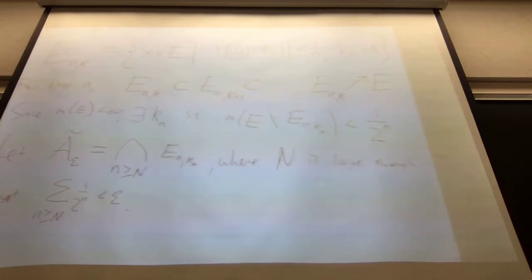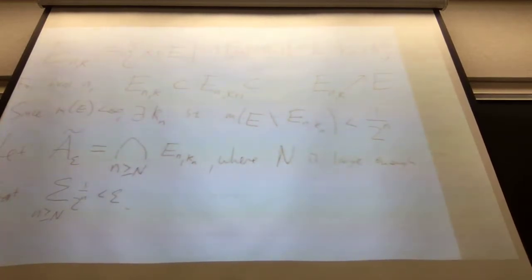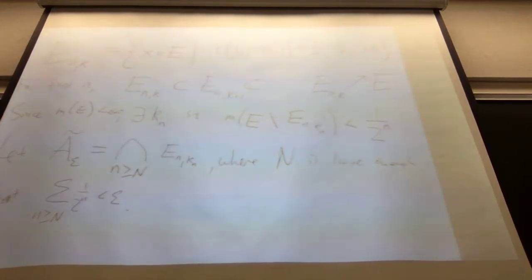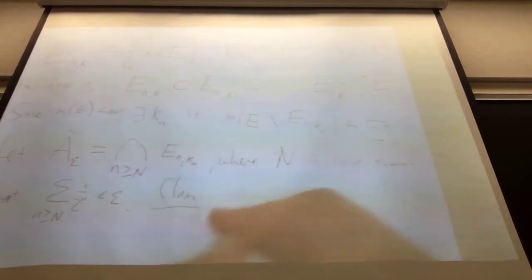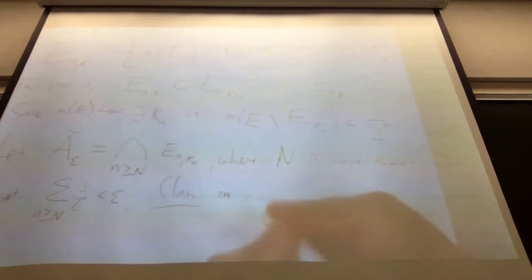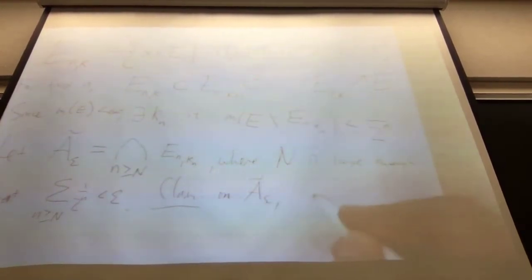My claim is that on A epsilon, Fk converges to F uniformly. And notice what the difference from A epsilon to E is. It's at worst any of these, so it's at worst epsilon.